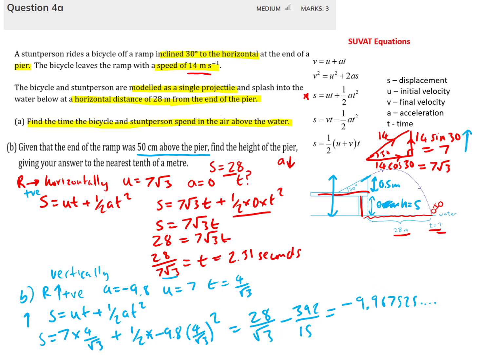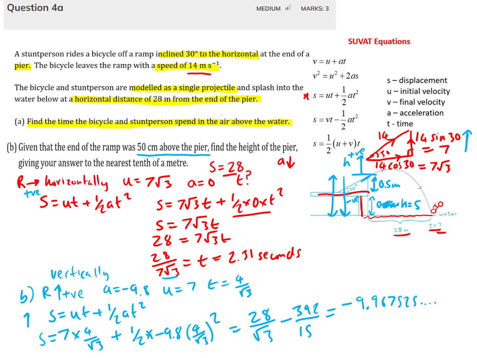Now that would make sense, that's minus, because if we're resolving vertically, the height from here, and I will use H, is going to be positive going upwards, but downwards it's going to be negative. Like on the XY axis, it's going to be negative Y.